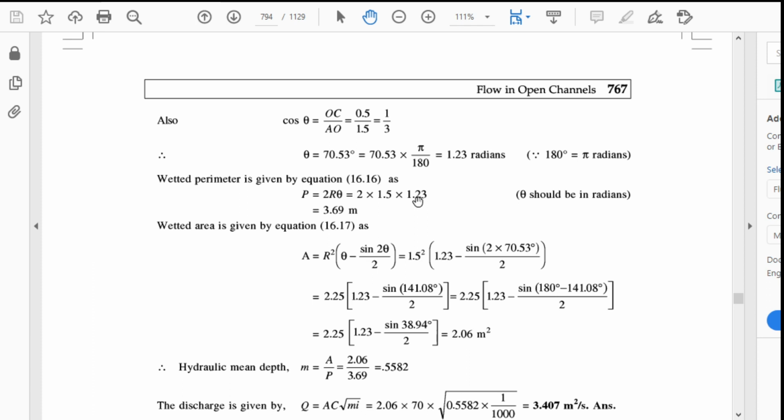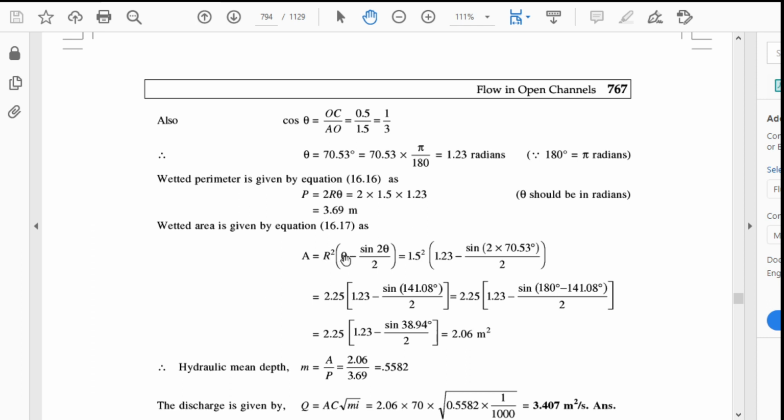So you have to convert theta from degrees into radians when it is not in a geometrical expression. When it is along with sine theta, cos theta, or tan theta, you have to take that theta in degrees, because we have the value of sine theta as a normal number, so we can multiply this value with r or with theta.